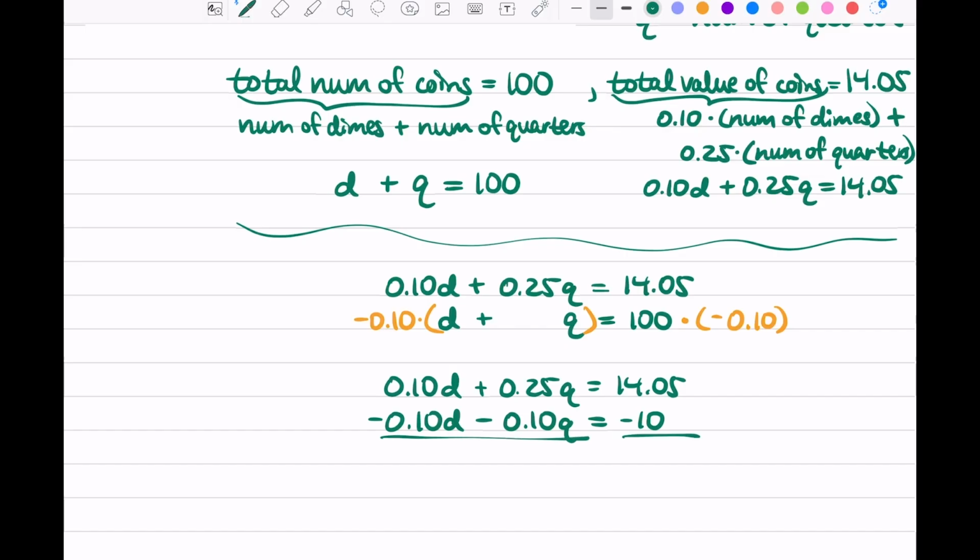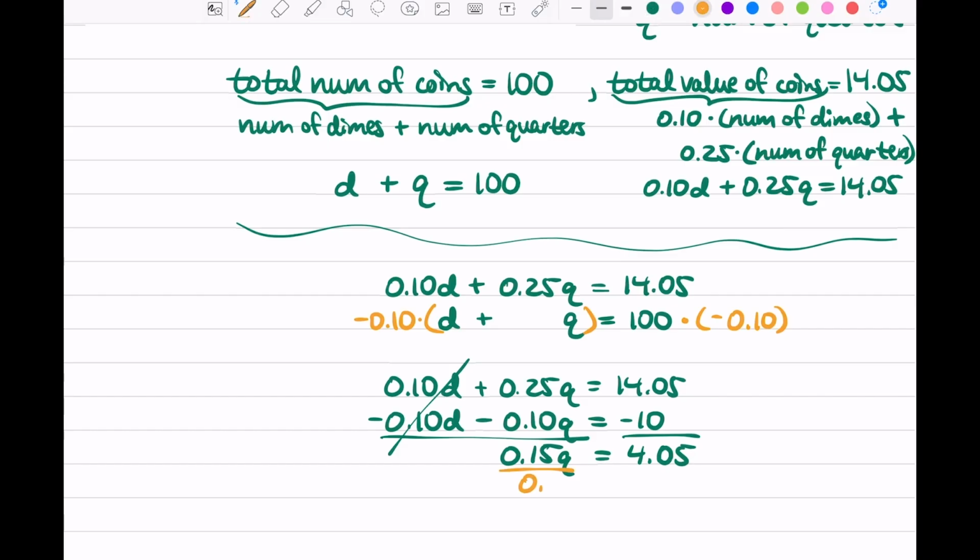Now we're ready to combine the pieces on the left side and the pieces on the right side. On the left side, 0.10D minus 0.10D makes this piece disappear, and then we have 0.25Q minus 0.10Q, which gives us 0.15Q. And on the right side, 14.05 minus 10 gives us 4.05.